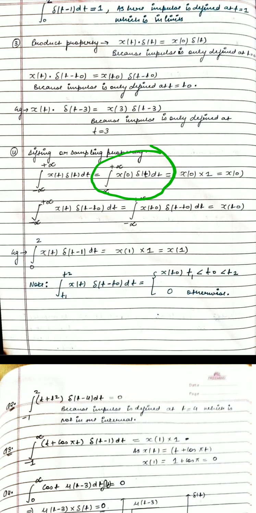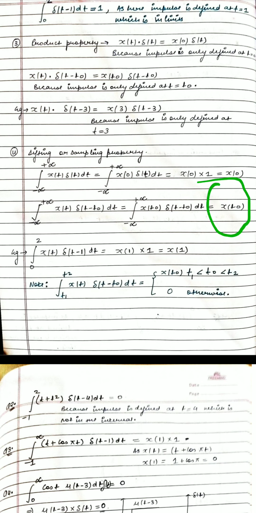In the same way, from minus infinity to plus infinity x of t del of t minus t naught dt is equal to the integral of x of t naught del of t minus t naught dt, which is nothing but x of t naught.